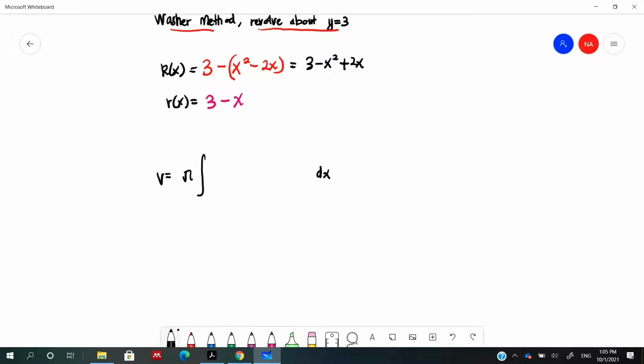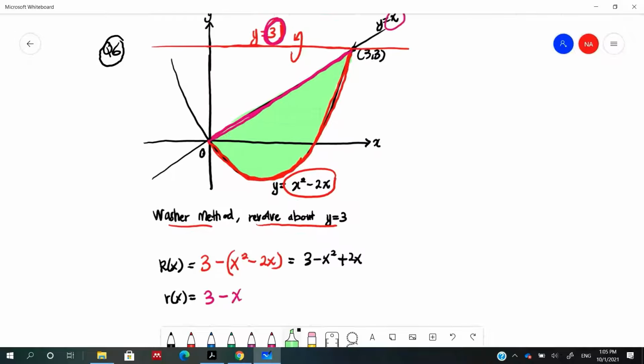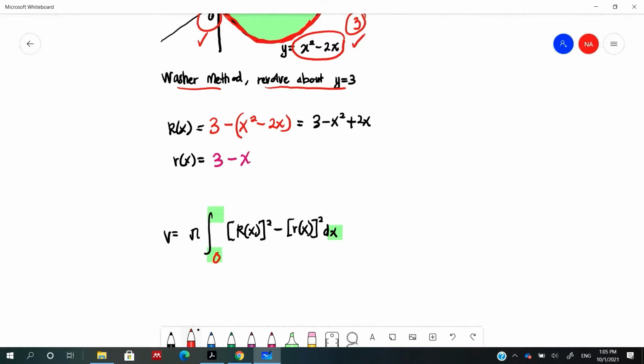When we want to find the volume, we have the outer radius squared minus the inner radius squared. The values on this integral should be in terms of x, so we look at the x-axis. The green region is bounded from 0 until 3, so the integral is from 0 until 3.